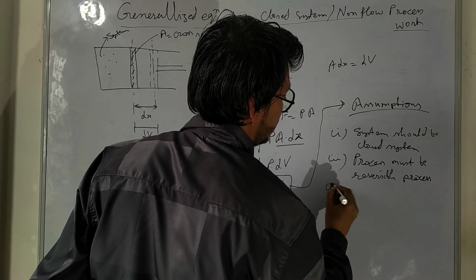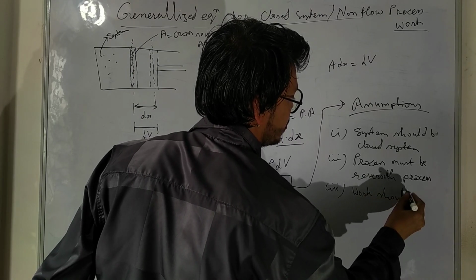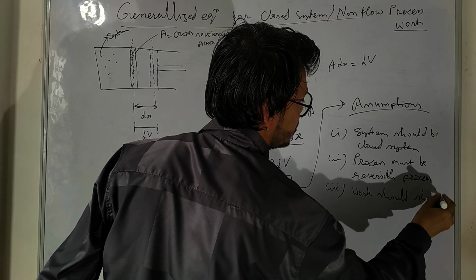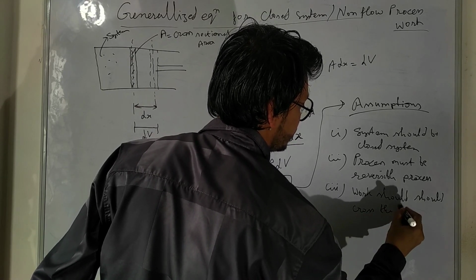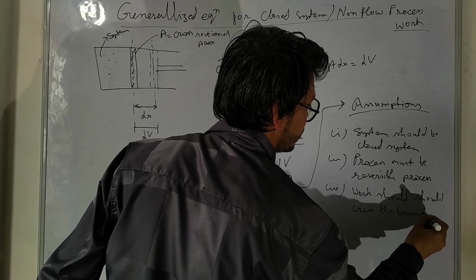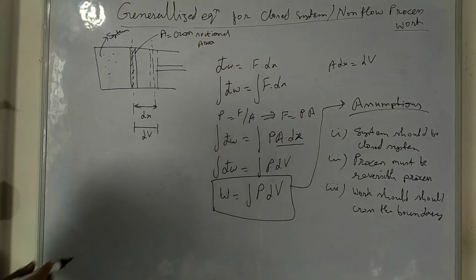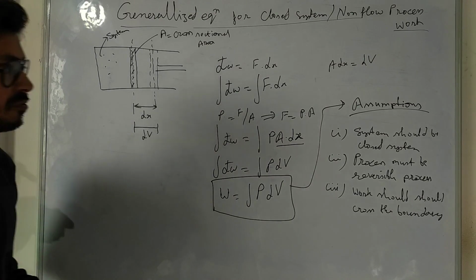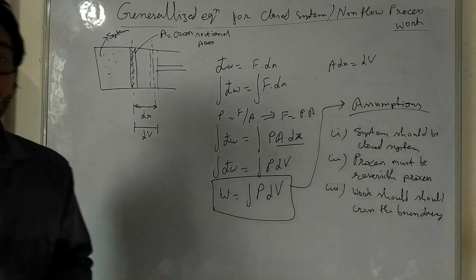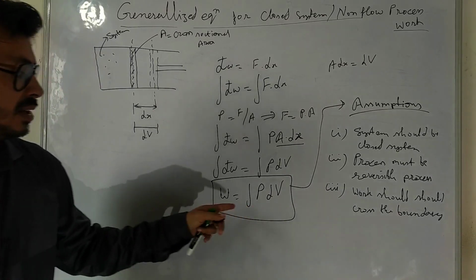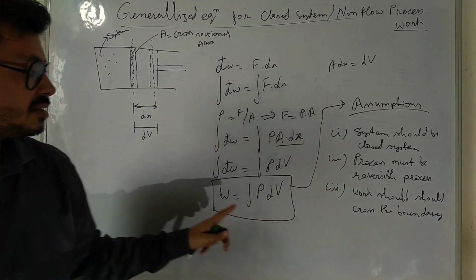And the third one is work should cross the boundary. So for this formula we have these assumptions. Only then is this formula valid. Otherwise, if we do not have these assumptions, then this formula is not valid.